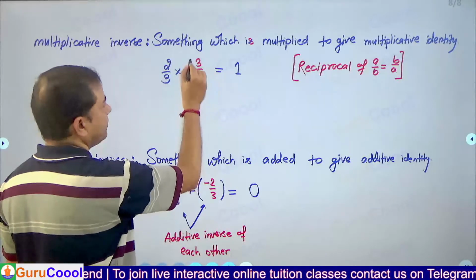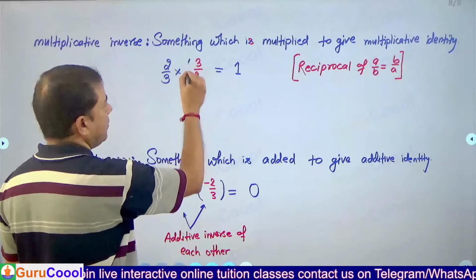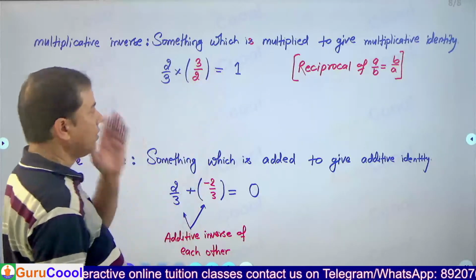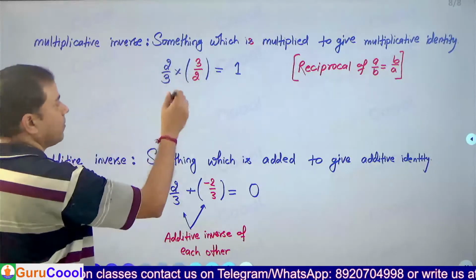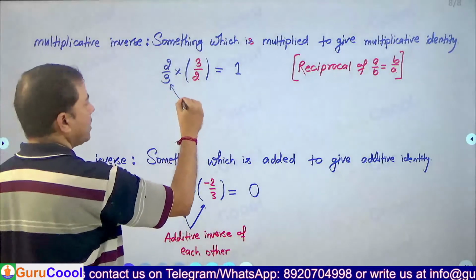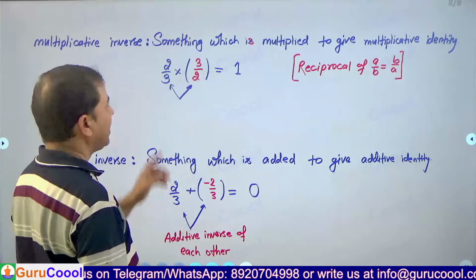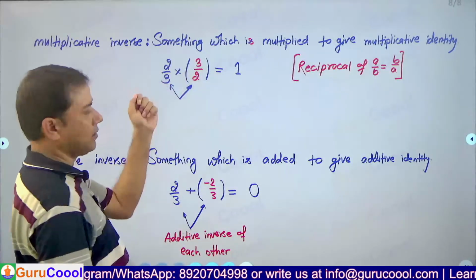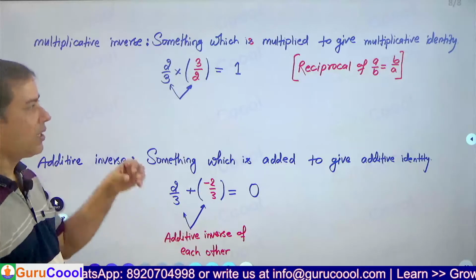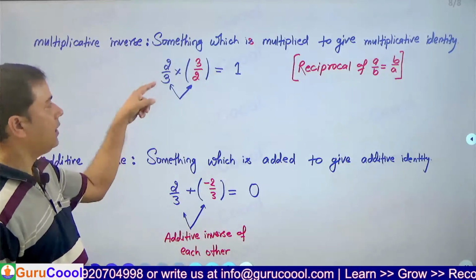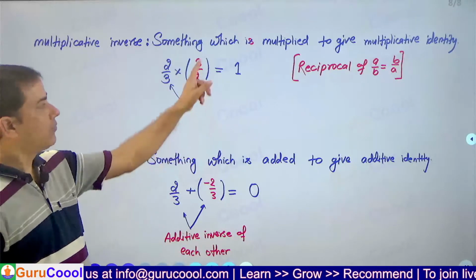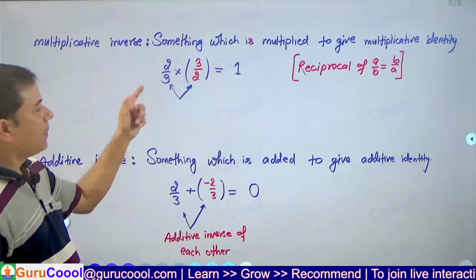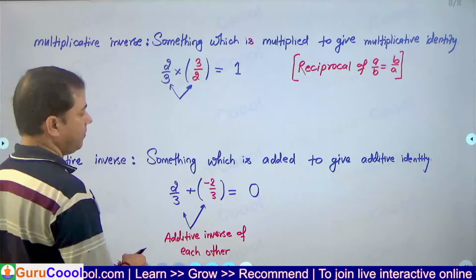Done. This is what we call multiplicative inverse of this. Actually, both of them are multiplicative inverse of each other. If it is asked what is the multiplicative inverse of 2 by 3, you will say 3 by 2. And if the question is the multiplicative inverse of 3 by 2, you will say 2 by 3. Just flip it and the answer came.